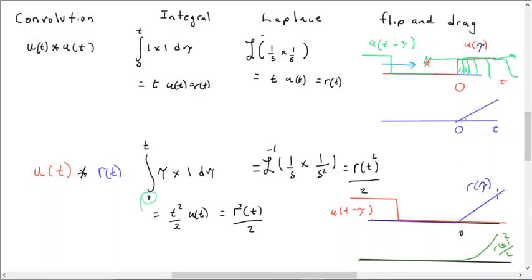So here's ramp tau, and we're going to flip the step and then drag it this way. We can see that as we increase our step by the same amount, the area keeps increasing for each step.